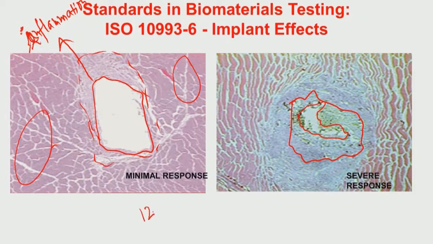For example, if this is implanted for 12 weeks, the other is implanted for 12 weeks for a different material. Let us say this is material A, this is material B. You would like to see which kind of material exhibits minimal response or severe response. Remember, minimal response cannot be avoided. Whatever the material composition, I repeat, there would be an inflammatory response.